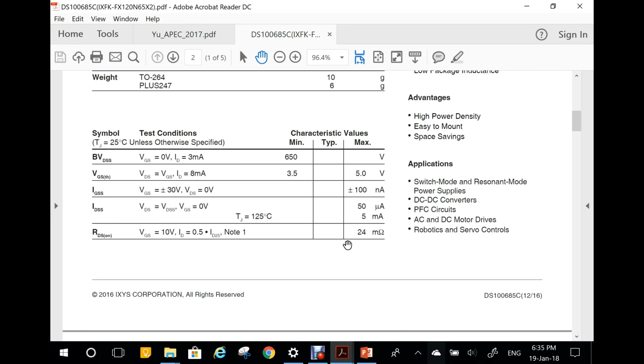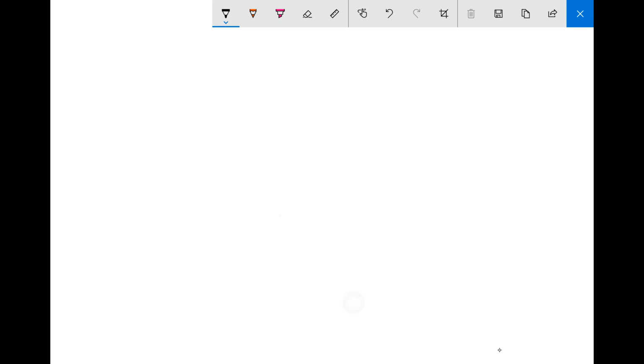Okay? Now, let me wrap up this first part by saying something about resistances. A MOSFET transistor, when it's on, is like a resistor, and we call it RDS on.